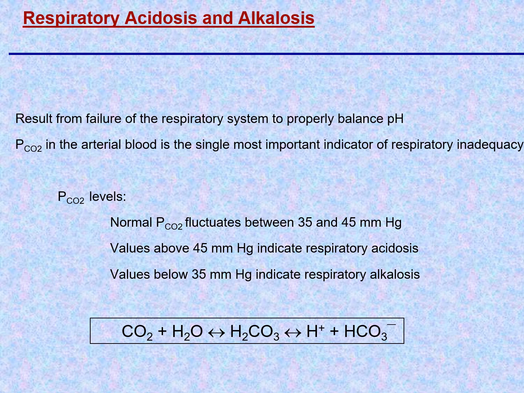So we're talking about a situation in which acidosis or alkalosis is caused by the respiratory system. These changes in balanced pH from the normal level to either too acid or too basic result from the failure of the respiratory system.